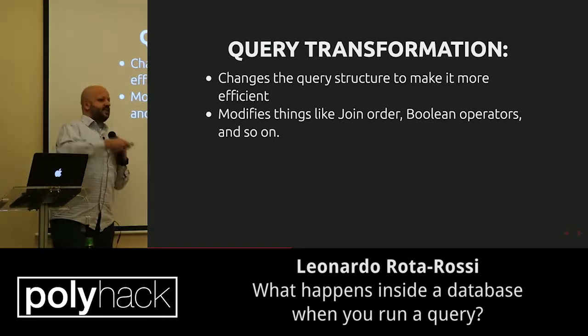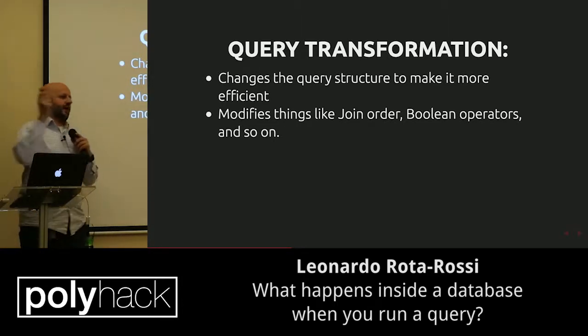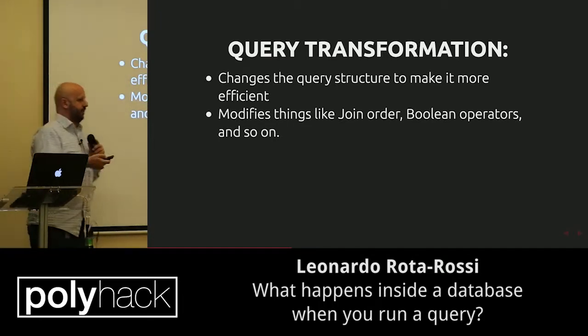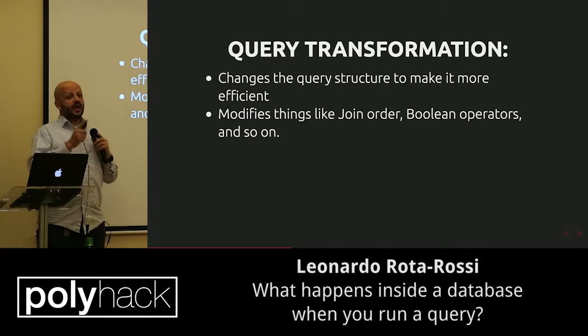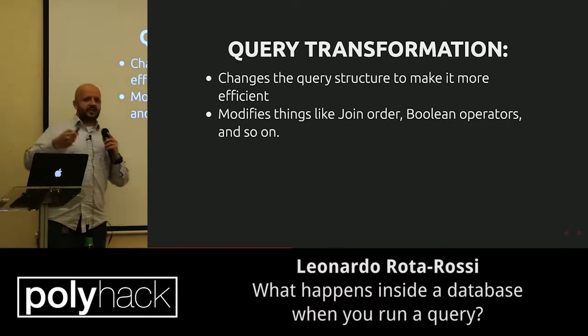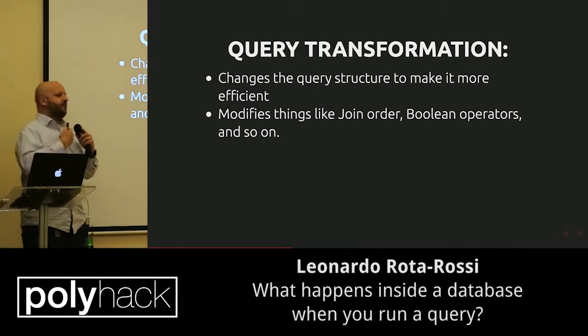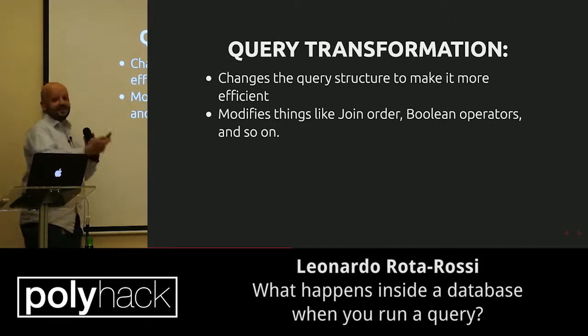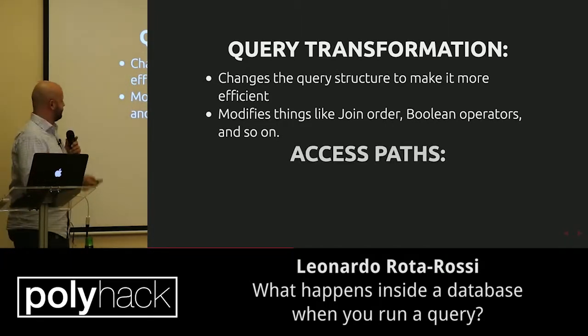You write a bunch of ANDs, and it transforms them into ORs or XORs, making it the most efficient way to solve your Boolean query. Not all databases do that, and not all databases do it the same way. Each database knows its best way to solve a query and makes these transformations the best way for it.